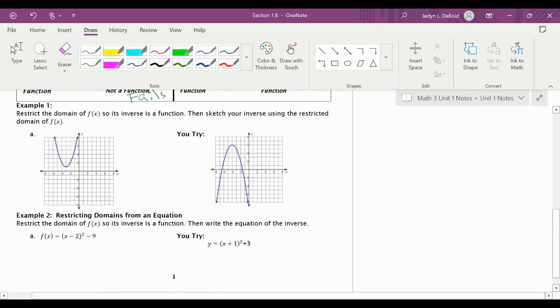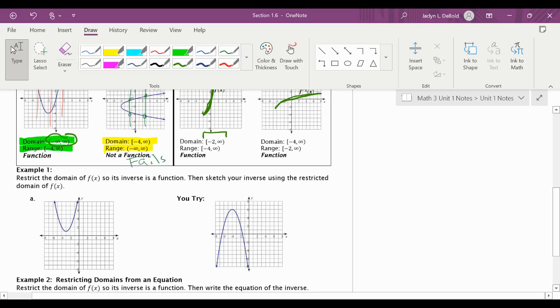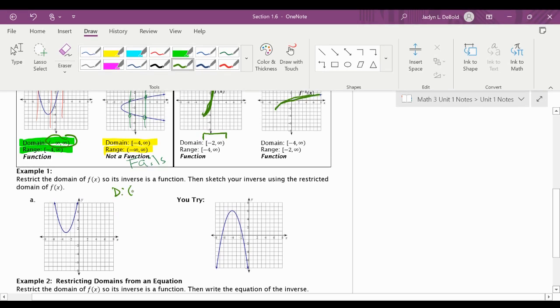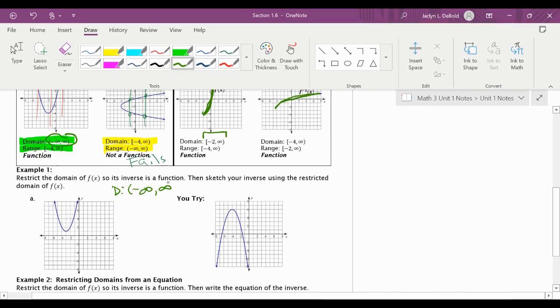So for example 1, we're given here just a graph. And it says sketch the inverse using the restricted domain. So for this one, you can see our domain is all real numbers because it's just a quadratic. We're going to have to restrict that domain. And so the easiest way to do that is usually you're just going to identify the vertex if it's a quadratic.